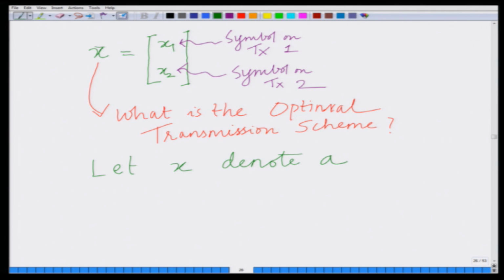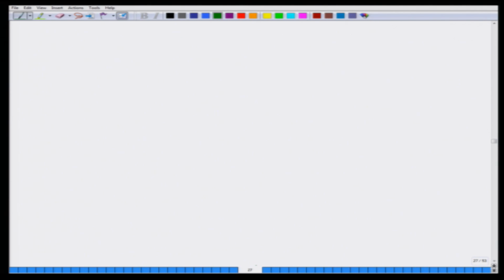Let x denote a single transmit symbol, then the vector x bar can be formed as the transmit vector x bar given as 1 over norm of the vector h bar times h1 conjugate, h2 conjugate, times my transmit symbol x.